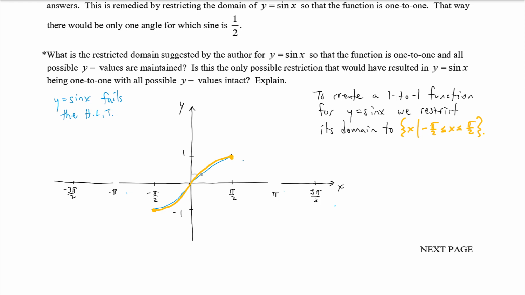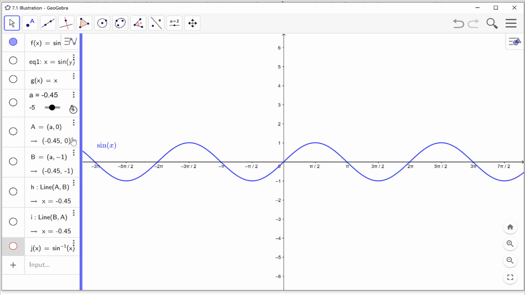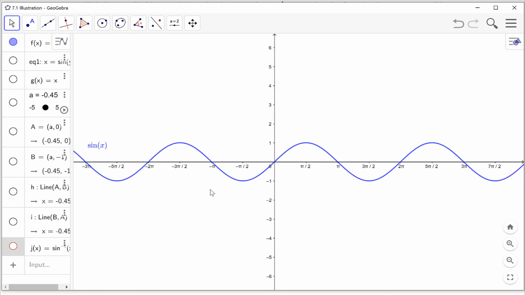All right, so let's look at this a little bit more closely, a little bit more precisely, rather than me sketching these things. So let's quickly go back through what just happened here. Here is the sine function. It's graphed way more accurately than I ever could.